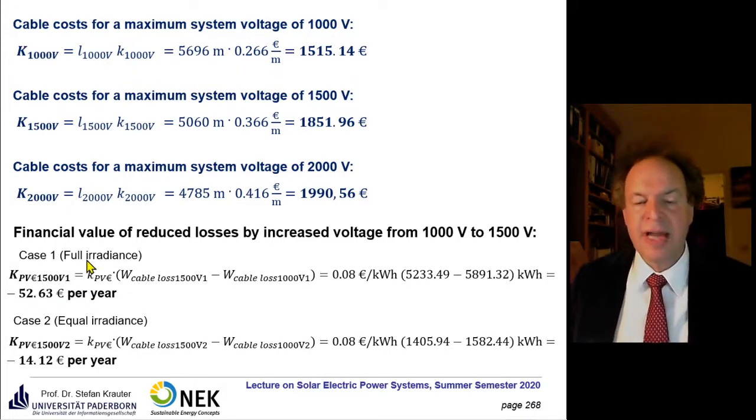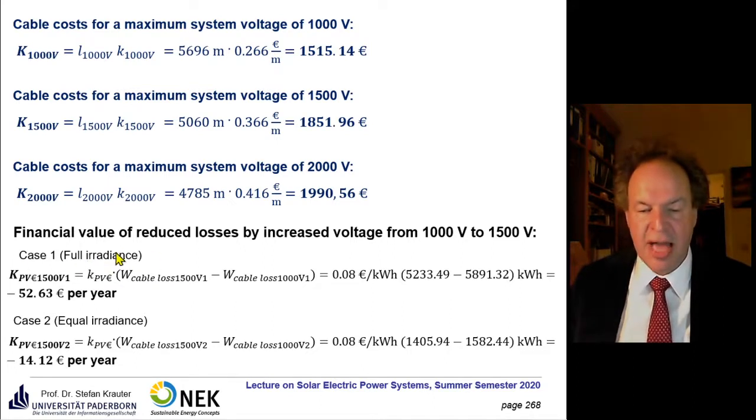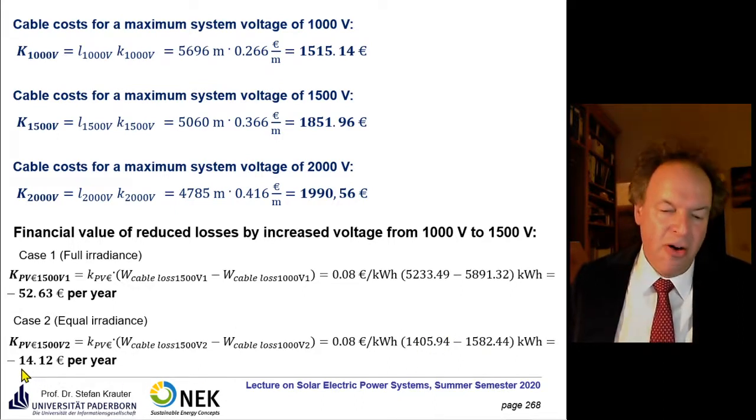This is for full irradiance. This is worst case, so the highest losses are there. And if we take a more equalized irradiance, then if you put in the numbers here, you will have less losses, but also less benefit by that voltage. So the benefit is only 14.14 euro of negative costs per year, or benefit per year.